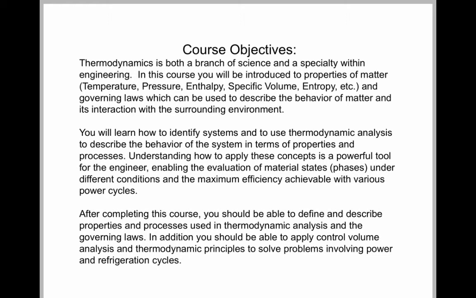Or you have a refrigerator and you need to figure out what your cooling range is, as well as its capacity. Similarly for heat pumps that we will be doing. These are the items that you will be doing with thermodynamics. And with that, we will move into Chapter 1.